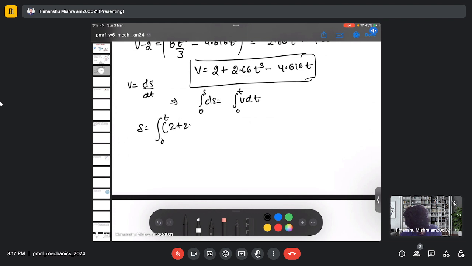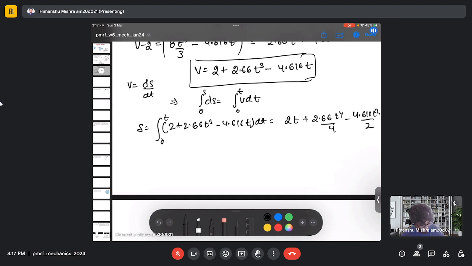the integral of 2 plus 2.66 t cube minus 4.616 t dt, and on integration I will get 2t plus 2.66 t4 by 4 minus 4.616 t squared by 2.